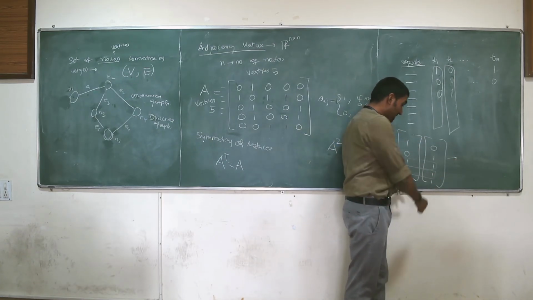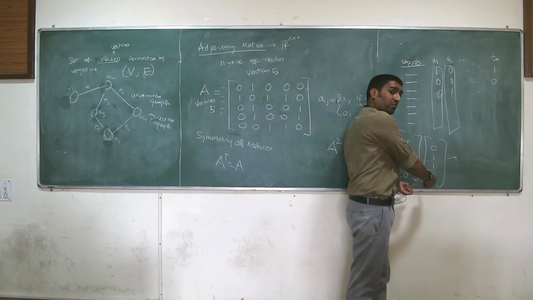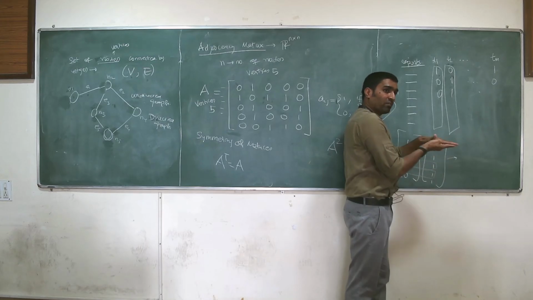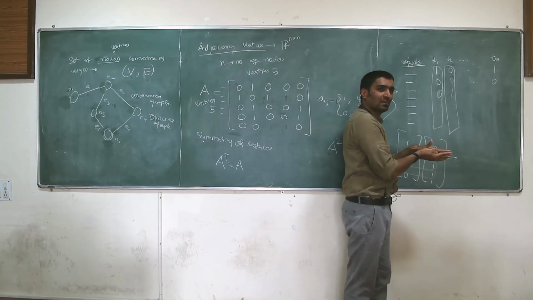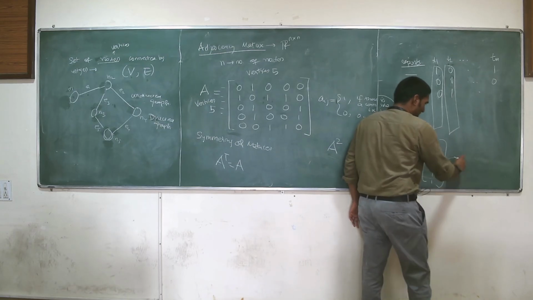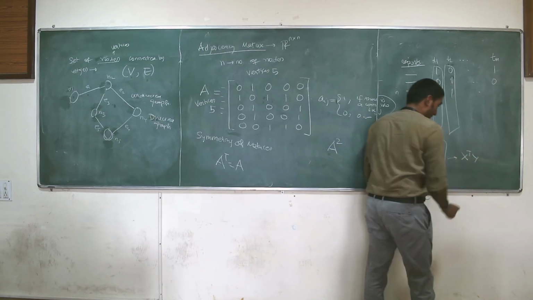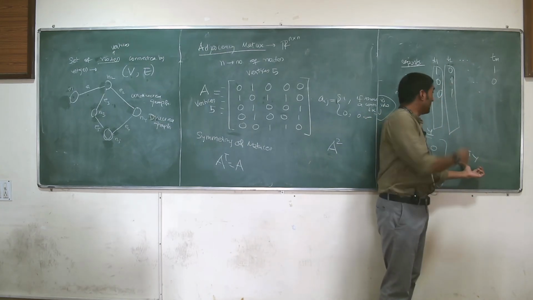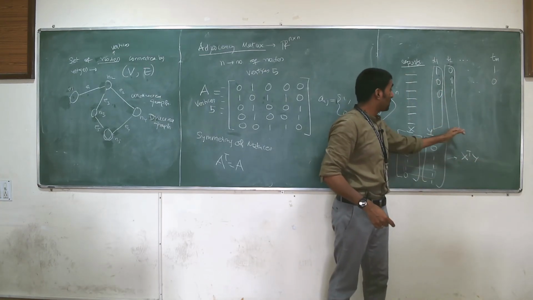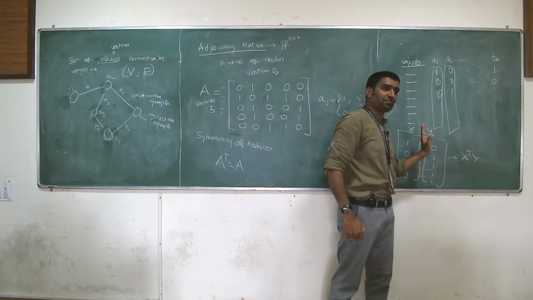Otherwise, it'll be 0. But we know an expression for that operation, or we've defined that operation before. If we take 2 vectors, multiply their individual elements, and add all of them together, what is that operation? Yeah, the standard inner product. If this was x and this was y, you simply take x transpose y. And this now tells you, in this particular application, the number of times the 2 tokens occur together.